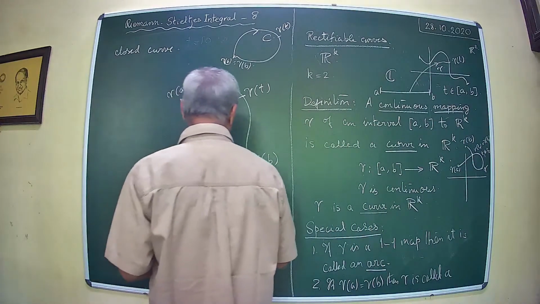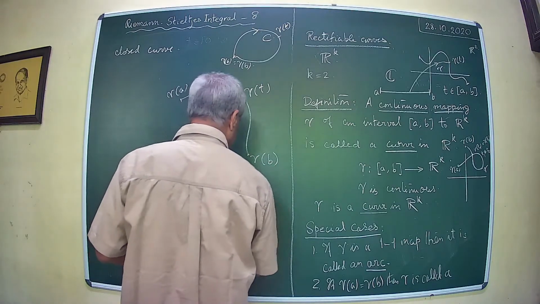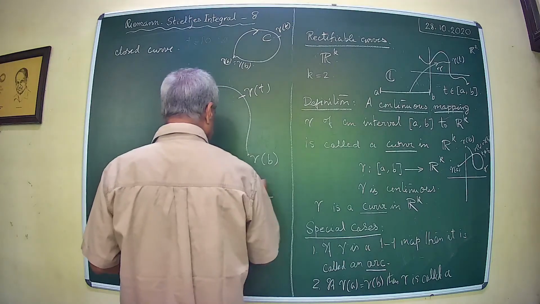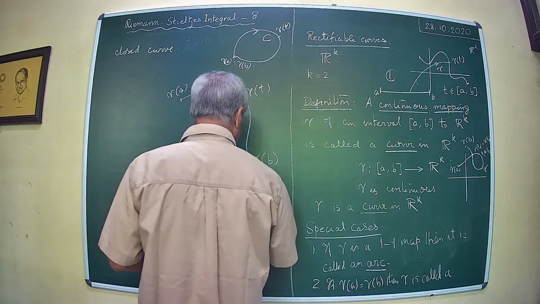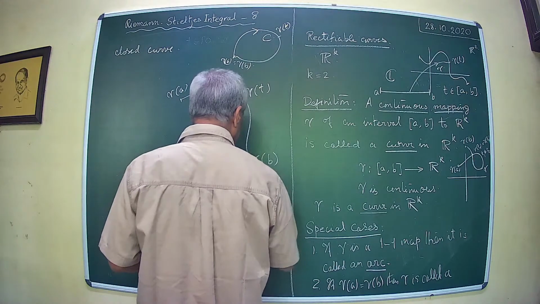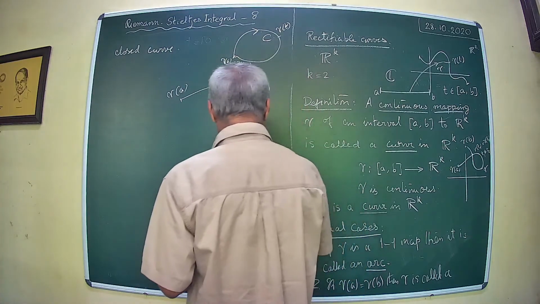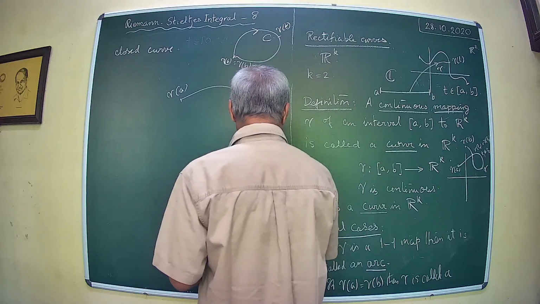For instance, the circle can be written as some gamma t.